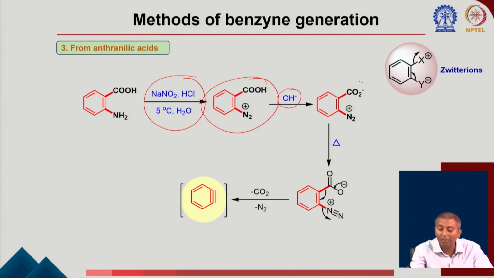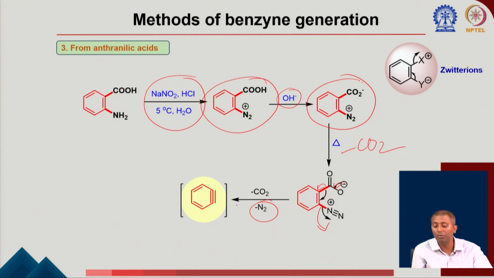So now you can see you have this zwitterionic scenario here, with CO2 minus and N2 plus. Once you heat it up, the CO2 is going to get out from here, this can generate an anion here, and then this can throw the N2 out. So N2 and CO2 are going to leave to generate the corresponding aryl anion.